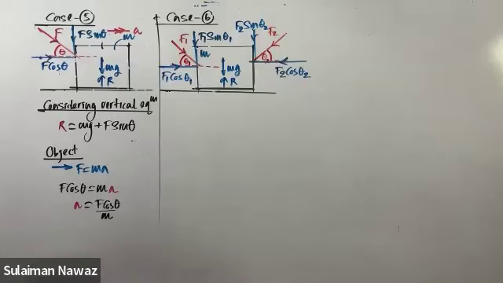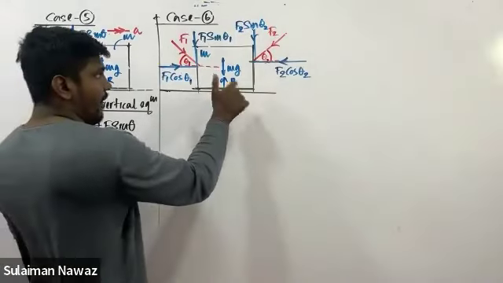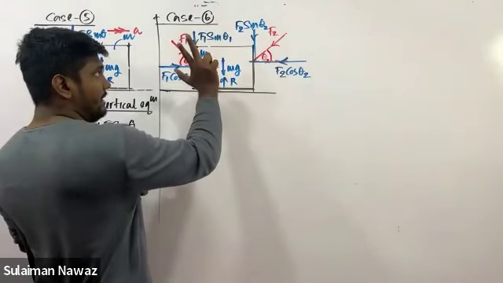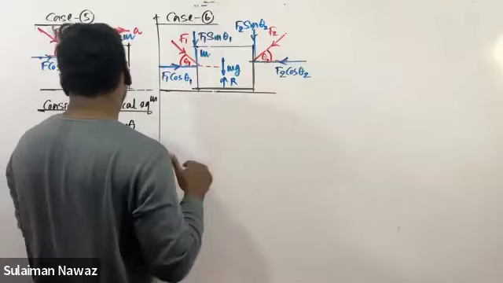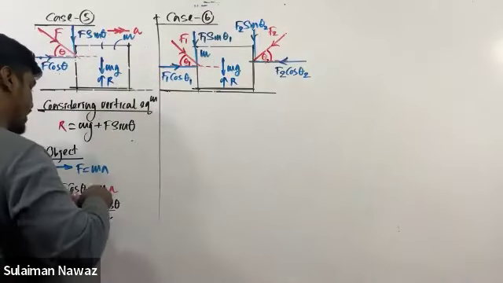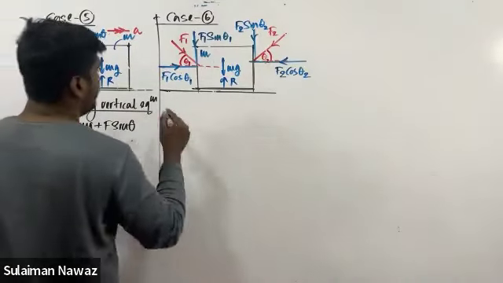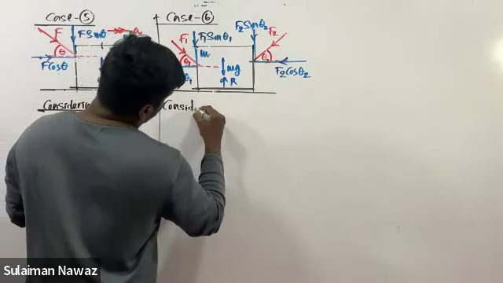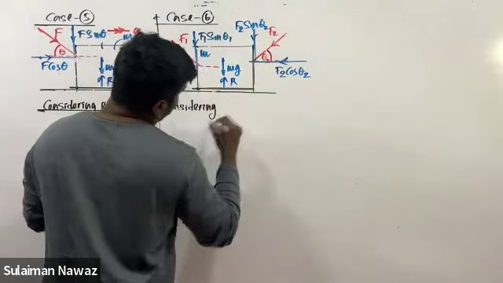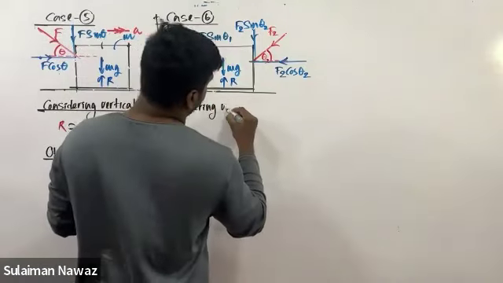Now it's a very easy answer. There are 4. R is the first, mg the second, F1 sin theta 1 the third vertical force, and F2 sin theta 2 the fourth vertical force.